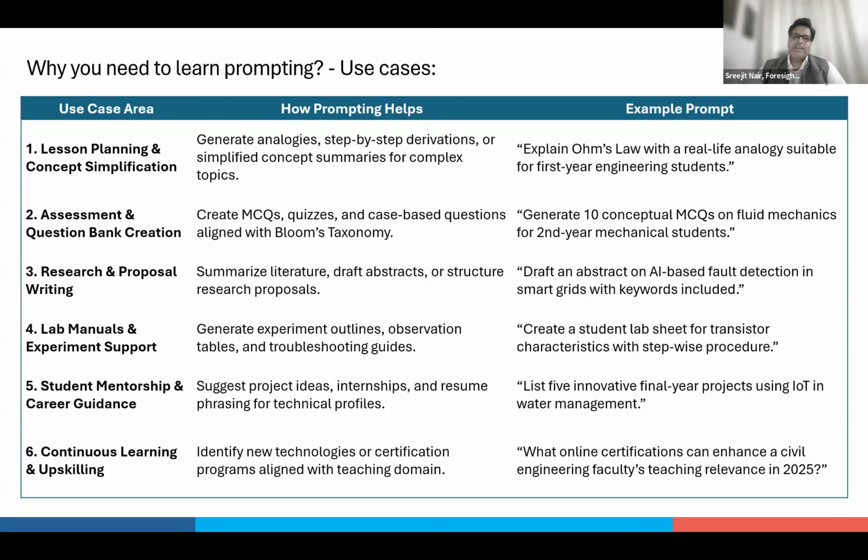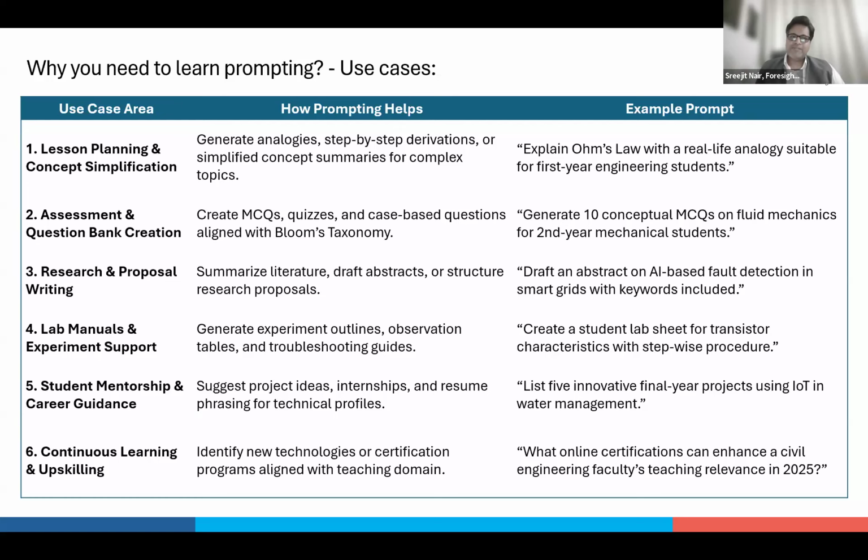So lesson planning and concept simplification is something that you can look at when you are using AI. So generating analogies, step by step derivations, how the concepts can be summarized, how, say, elements like visually I can explain it, how I can have point by point memory triggering summaries, something that summarizes and at the same time is easy to remember, trigger or recall.